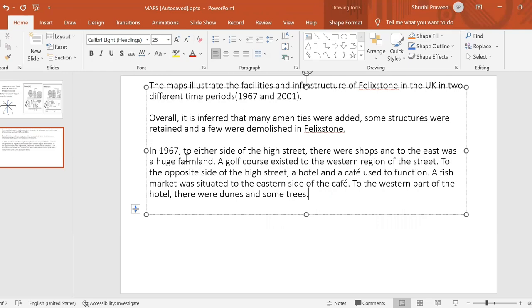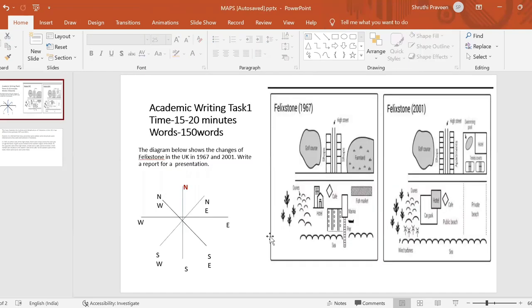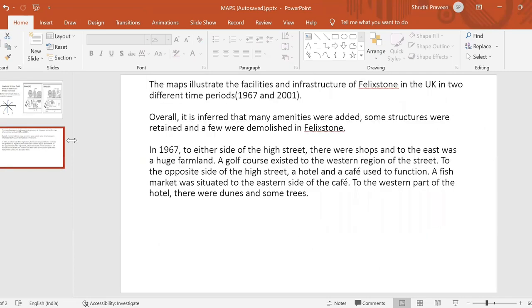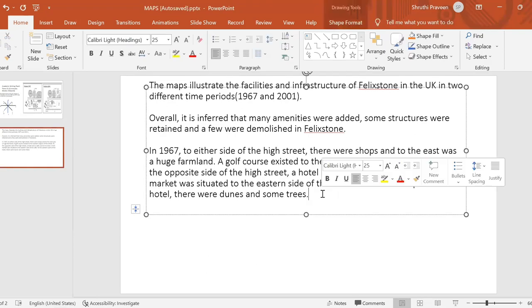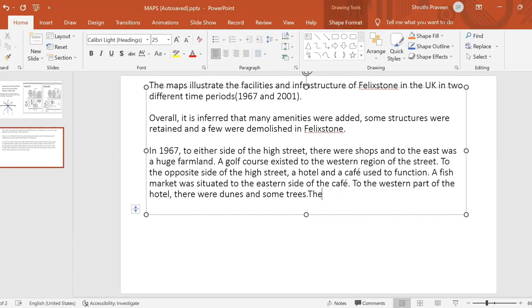The sea below had a marina and a pier facility, no? And there was a building in front of the sea as well. So with that, we complete the 1967 body paragraph. Okay, I mentioned the fish market. Now I have to mention the marina, pier, and the building. So why are we writing the sea below?